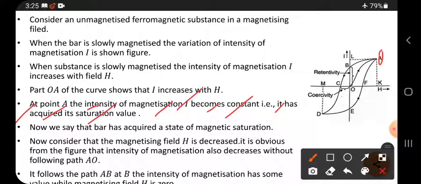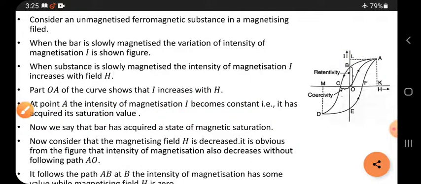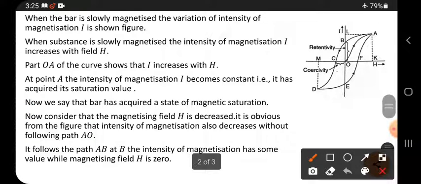Saturation value means maximum value, so the maximum I value is called the saturation value. That is a constant. Now we say that the substance in the bar magnet has acquired a state of magnetic saturation. So it is fully magnetized.